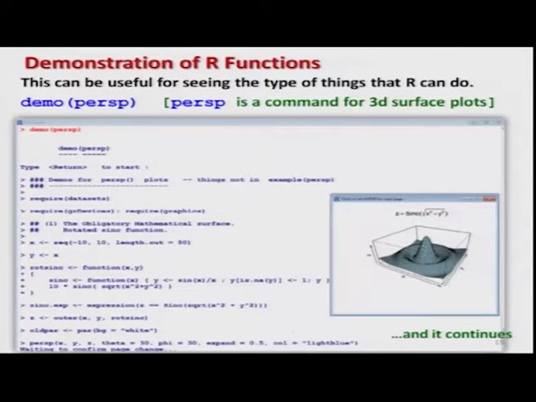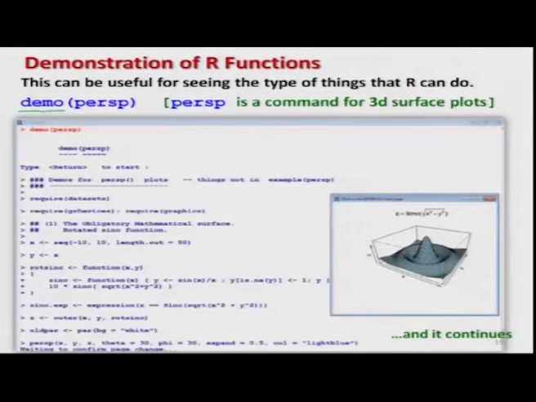So, after this let us try to see, in case I want to have a demonstration of a function, how to get it done, right. In order to get a demonstration of a function, the syntax is demo, and inside the bracket I have to write down the name of the function on which I need a demonstration.